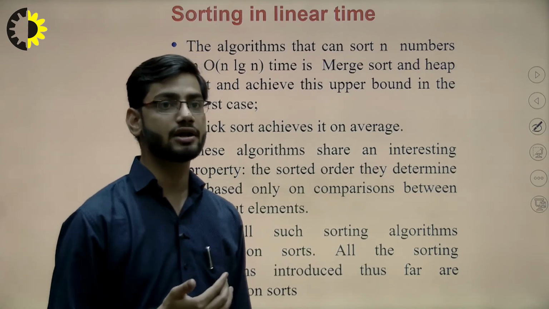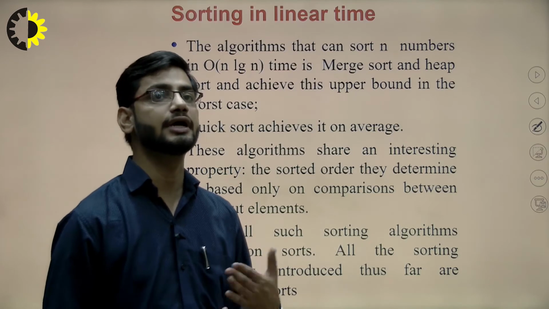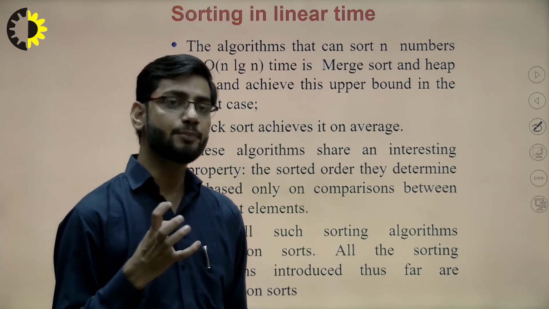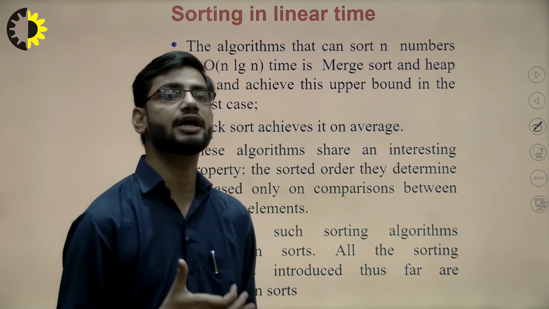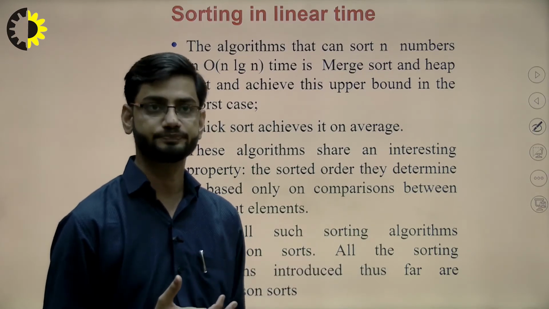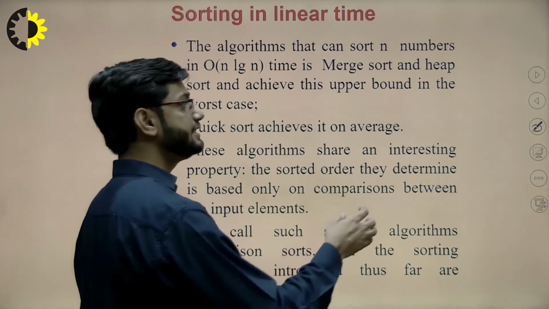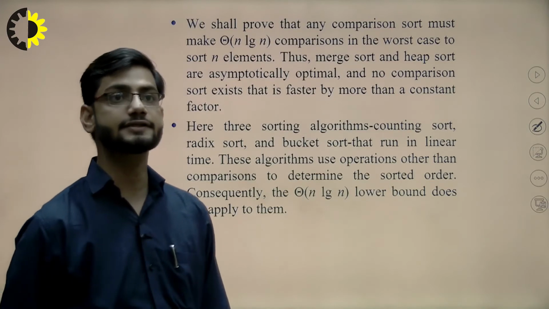These algorithms sort the input array in linear time, but they impose some condition on the input that you are giving them for sorting. We will see the sorting algorithms in this category one by one.